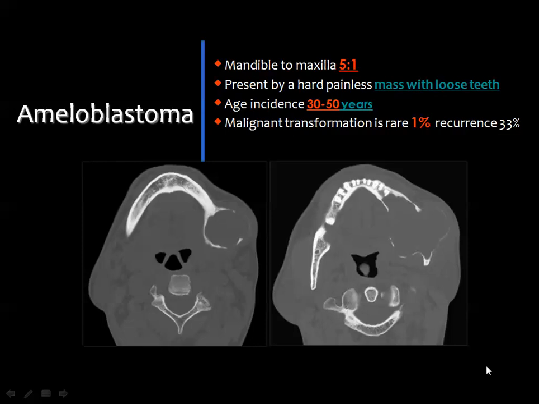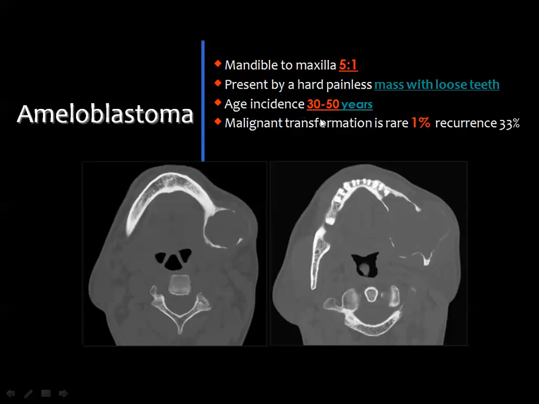It appears unilocular, affecting the mandible, and as I have mentioned, some of the lesions may appear unilocular by imaging, but most of the lesions are multilocular. This is the range of frequency between the mandible and the maxilla. 80% occur in the mandible and 20% occur in the maxilla, and the age incidence is between the third and the fifth decades of life.